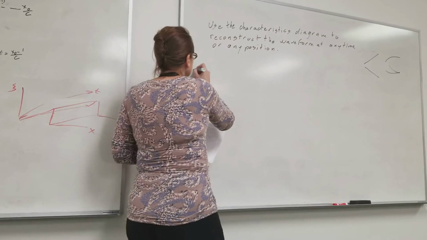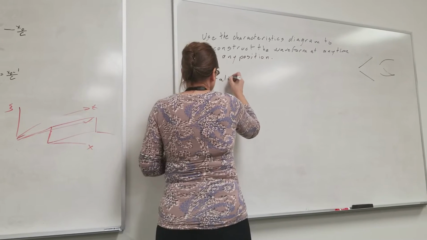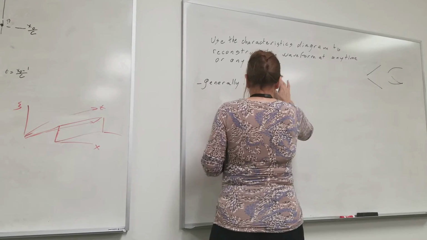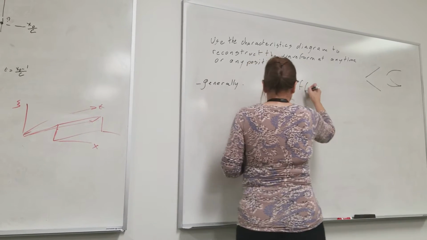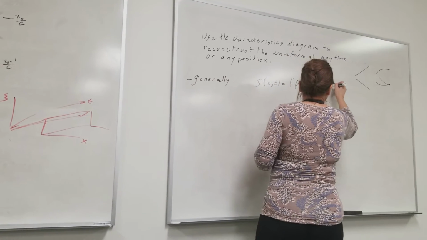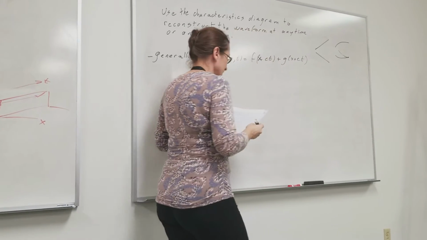Generally speaking, if we want to generalize that, you'll have your function zeta of x and t is some function of x minus ct plus some function of x plus ct. So f of x minus ct plus g of x plus ct.